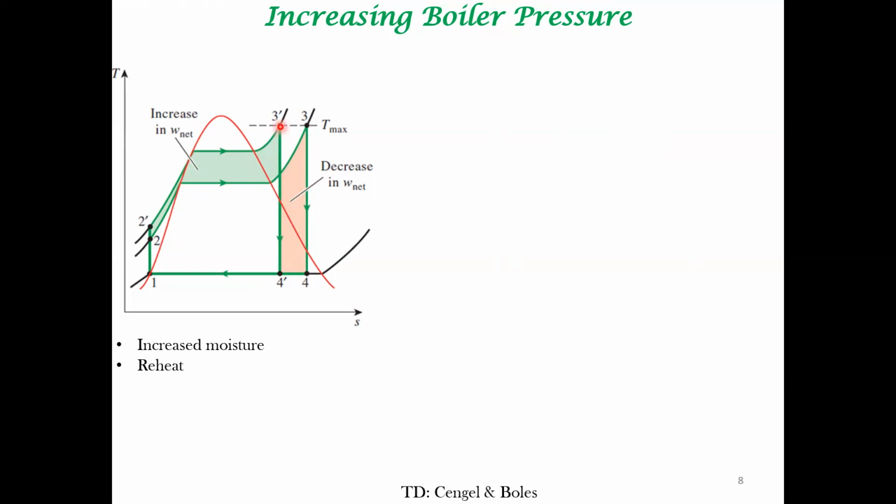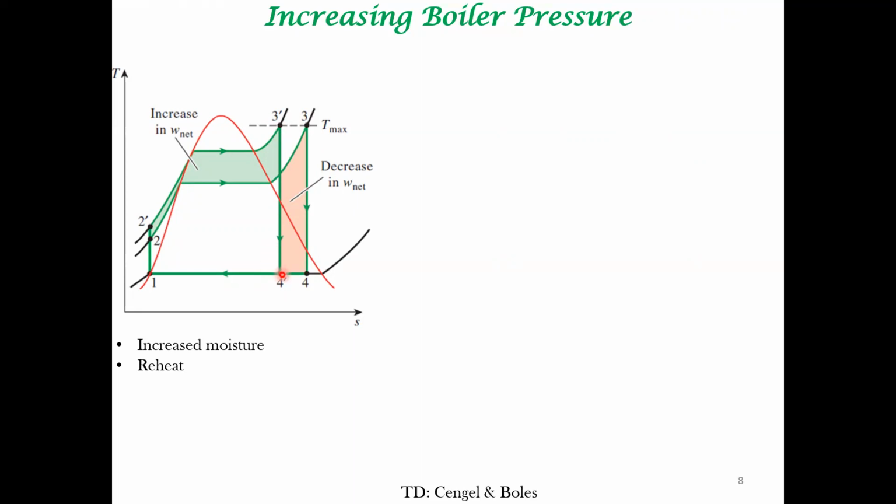When you are at state point 3 prime and you have an isentropic process and you end up at 4 prime, the quality of steam is poorer compared to state point 4, right? So there is greater moisture here, which corrodes the turbine to a greater extent. Okay, so that is the disadvantage.